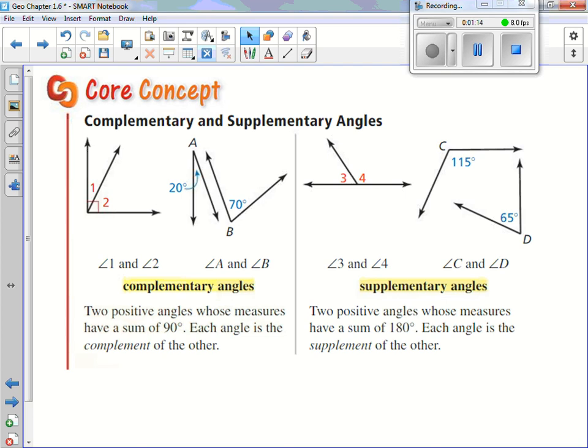Supplementary, two positive angles whose measures have a sum of 180. So again, both of them are talking about two angles. One adds up to 90, one adds up to 180. So if you can figure out a trick or a kind of mnemonic, some way to keep it straight, that will be great.